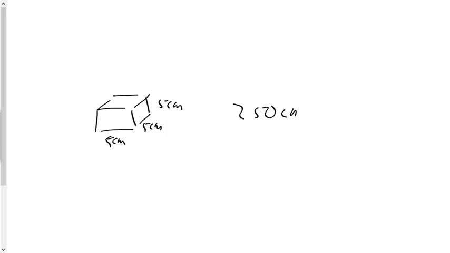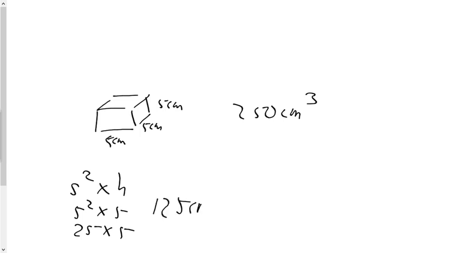Our next question says a cube with an edge length of 5 centimeters, so I'll just draw my cube, 5 centimeters, will have a volume of 250 centimeters cubed. Is that true or false? Well, all you had to do was sketch it out and say the area of the base, which is a square, multiplied by the height of the prism, will be 5 squared multiplied by 5, or 25 multiplied by 5, which will equal 125 cubic centimeters.